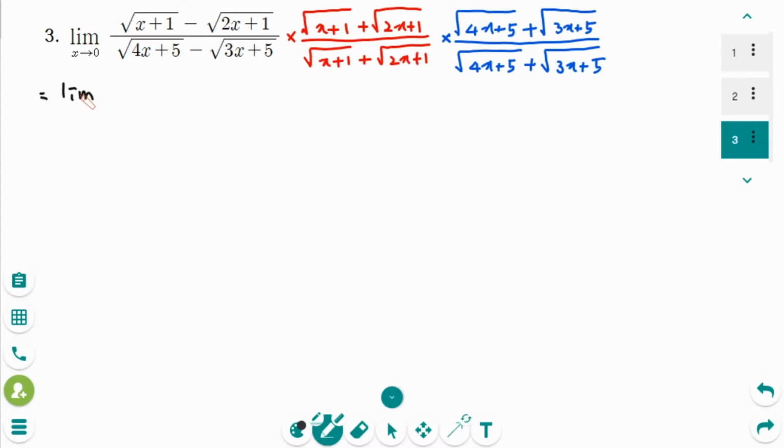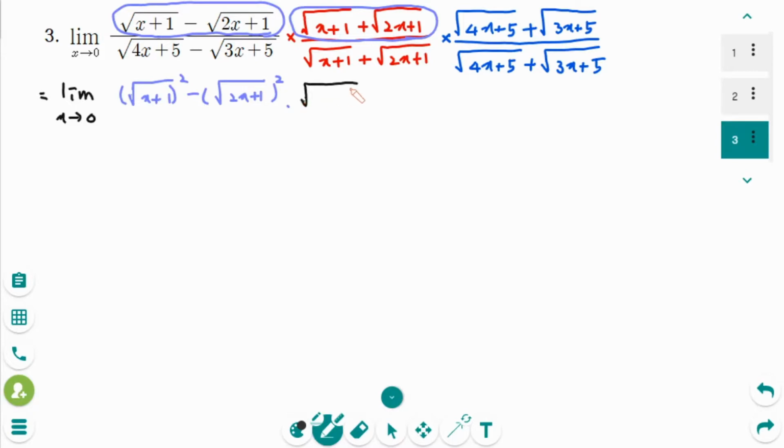The limit as x approaches 0. In the numerator, expand these two binomials. So square root of x plus 1 squared minus square root of 2x plus 1 squared, but keep the last one as is.